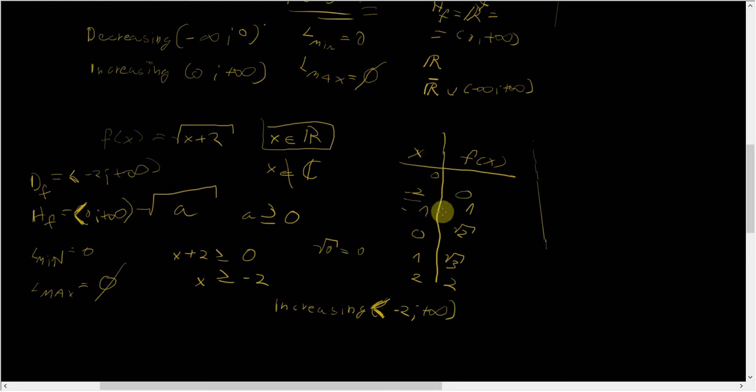Again, if we input our x values, we get larger and larger numbers, and this goes into infinity. You can try it with 50. 50 plus 2 is the square root of 52, which is definitely larger than these numbers, and our function is always getting bigger.